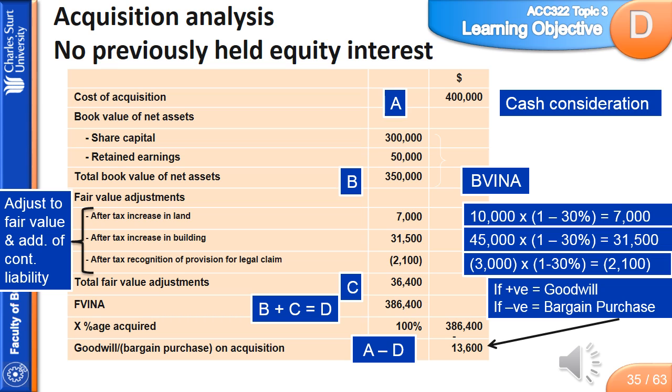So if there was a previously held equity interest, for example, high-tech previously acquired, say, 15% of low-tech 6 years ago, and they were just acquiring the remaining 85% as at 30th of June 2016, 6 years later, the acquisition analysis and the consolidation entries would remain unchanged.